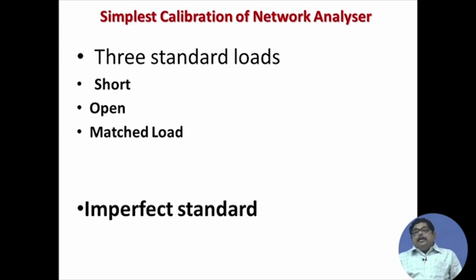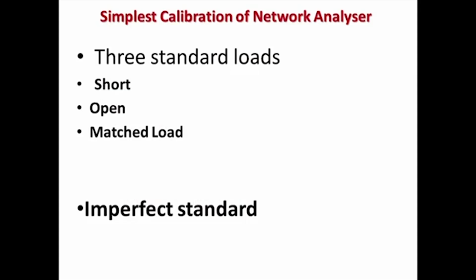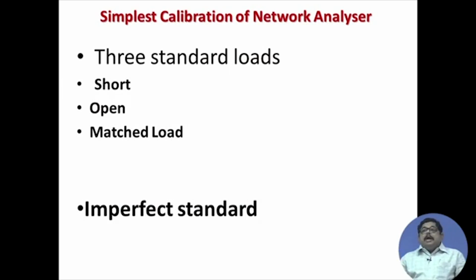Now, making an open is quite a problematic thing. You know, there is a transmission line by which we actually convert a short to an open, and that is very precise only at a particular frequency; it is not always the same. And a matched load, we expect it is absorbing the whole power and nothing is coming out, but in reality something comes out.